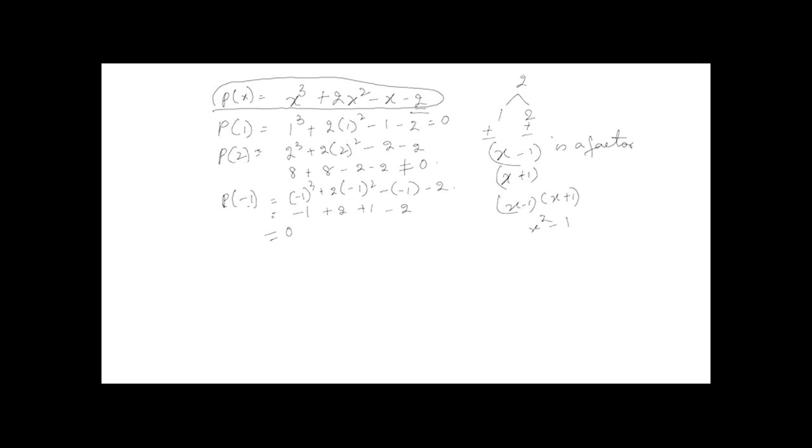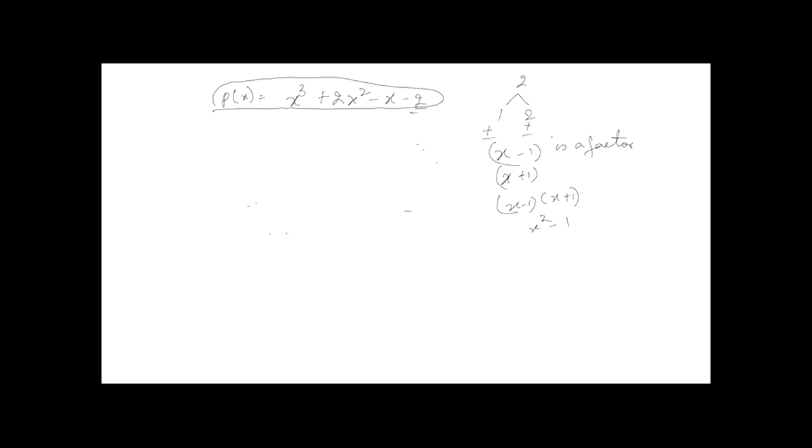And what is 1 square? It is 1 only. So we can divide x cube plus 2x squared minus x minus 2 by x squared minus 1. We will get another factor.